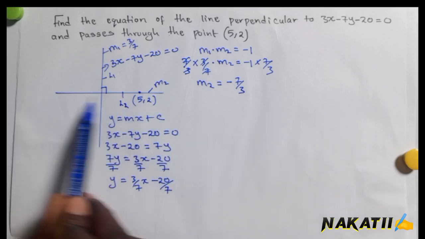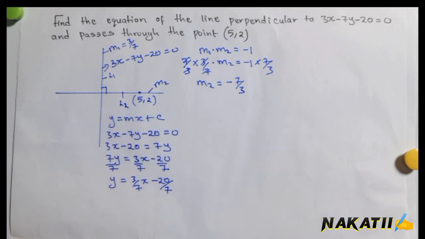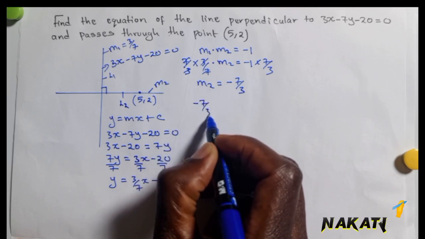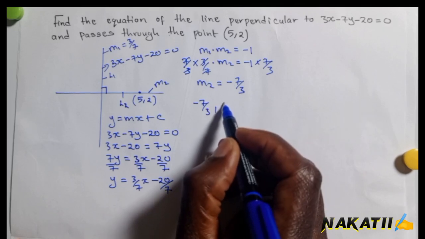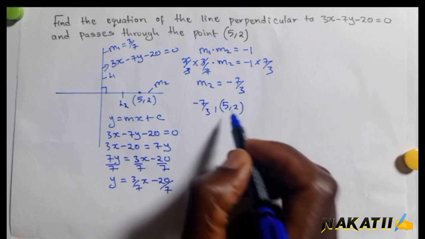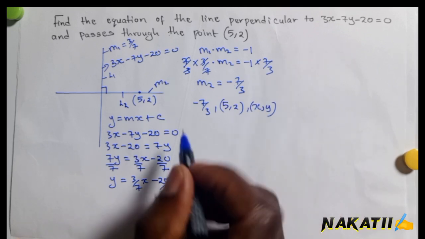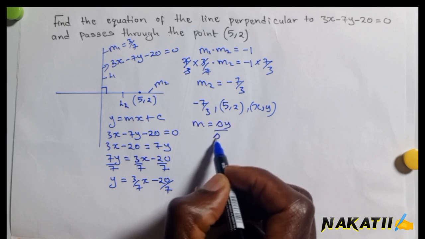Now we need to get the equation of this line. When you want to get the equation of a line, you need three things. One is the gradient, in our case -7 over 3. Two is a point passing on that line, in this case (5, 2), and then you need an arbitrary point (x, y). Those are the three things that you need. Then we say that gradient is simply change in y over change in x.